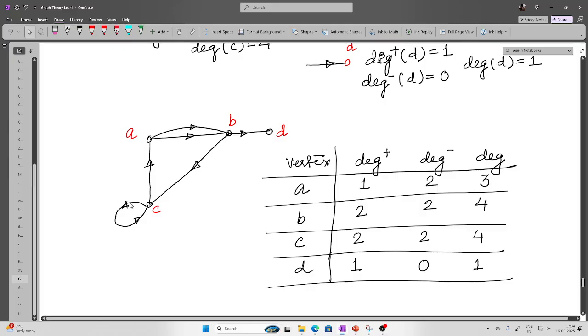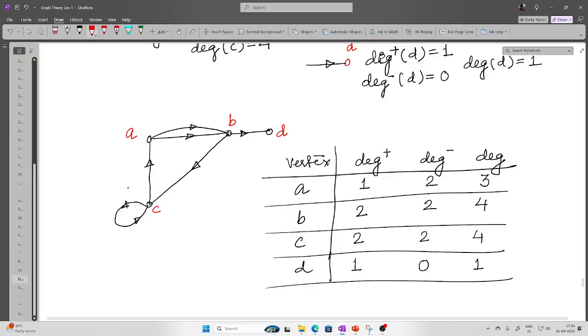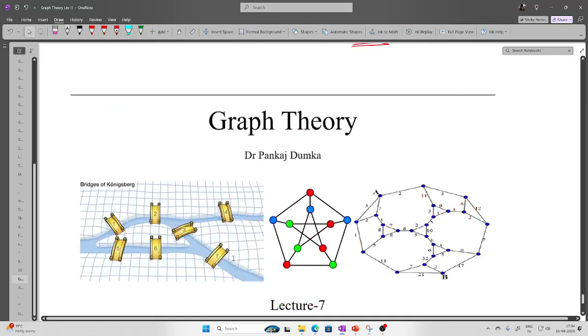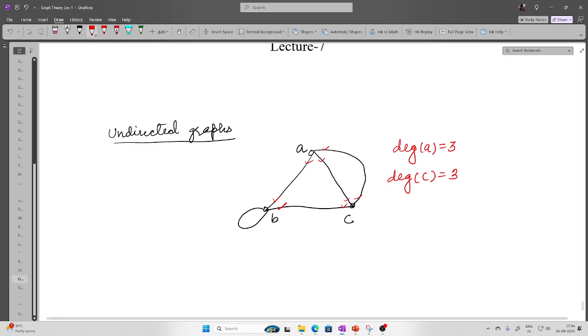What is the in degree for this vertex? It is 1 and 2. So if you look closely, 1 will be for going away and 1 will be for coming in. So whenever you have any loop in a graph, the degree for that particular loop will be 2, remember. So if this loop has degree 2, this is already there, that is 3, and this is already there, this is 4.